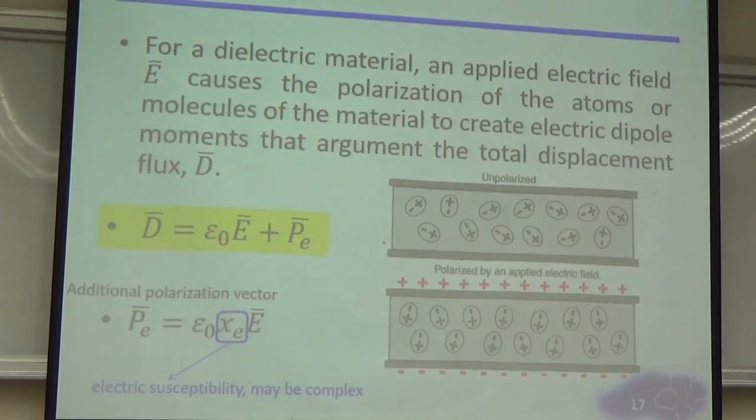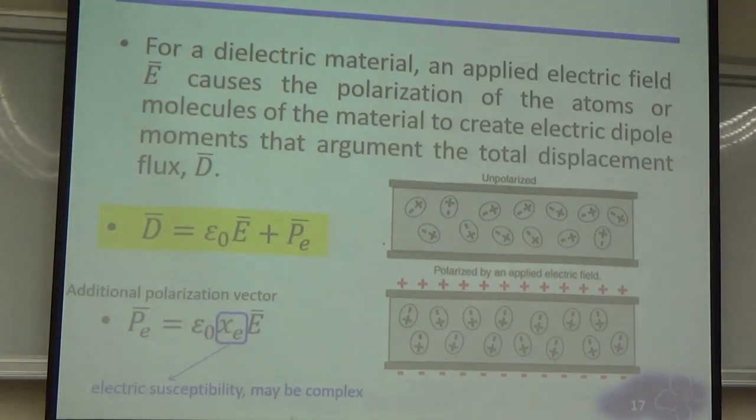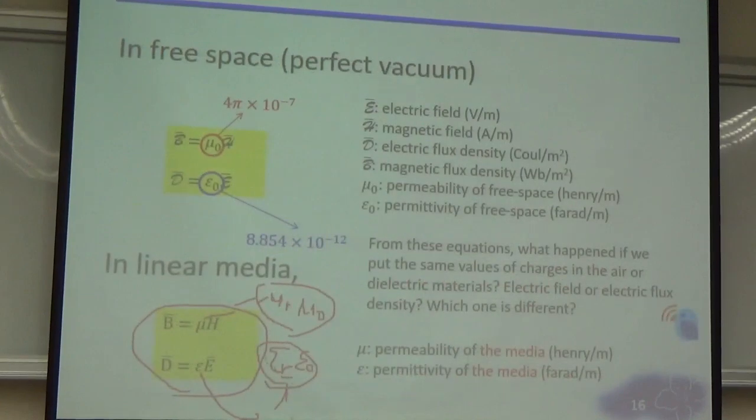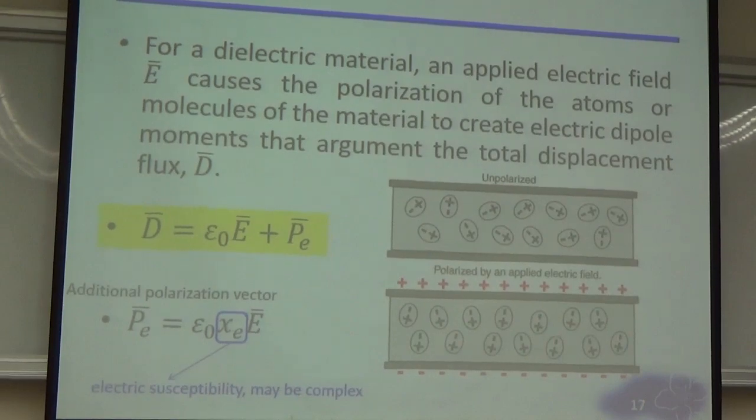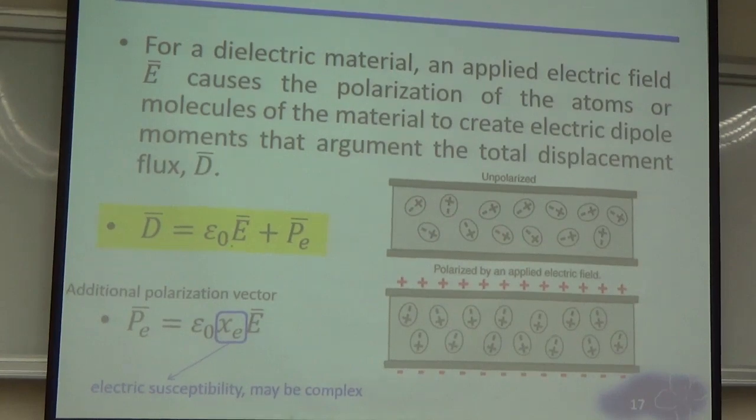We try to explain what this epsilon_r is. It is possible because of polarization. When you have an E field, your atoms will be polarized, and epsilon_0 times E is not the only part; you will also have the polarization P, another vector.